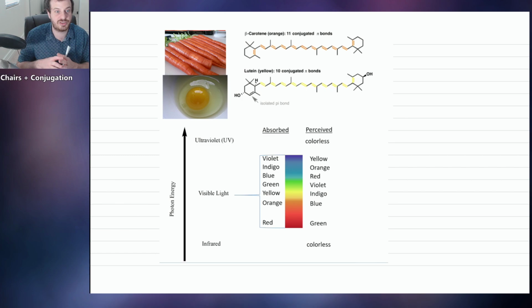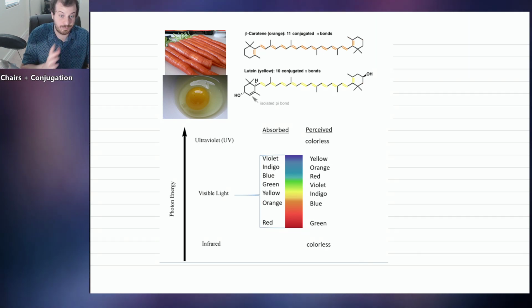If you had something with a ton of conjugation, it would absorb very low energy light, like red light, and then it would appear green. So that's really the take-home message from all of these pictures. The more conjugation you have, the lower energy light it absorbs, and if it absorbs a certain energy of light, then the compound itself will appear a certain color.